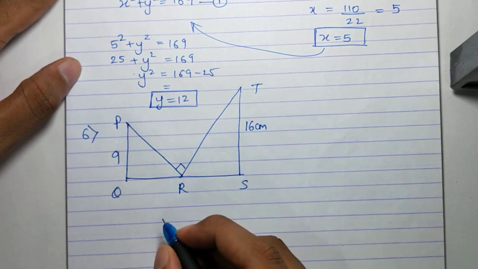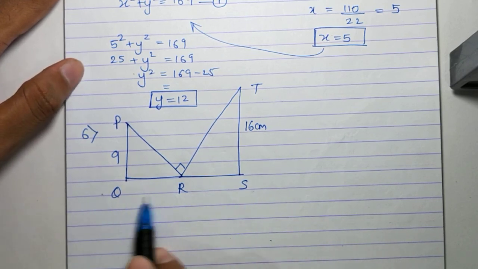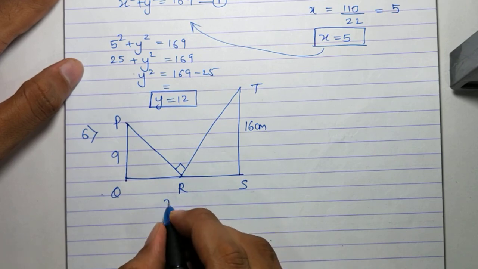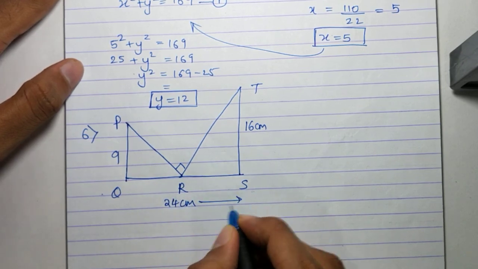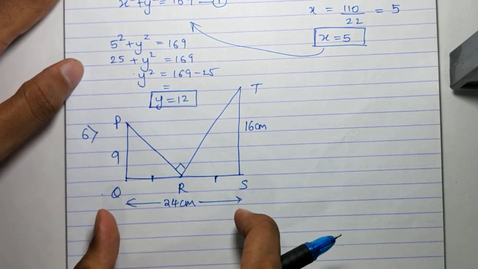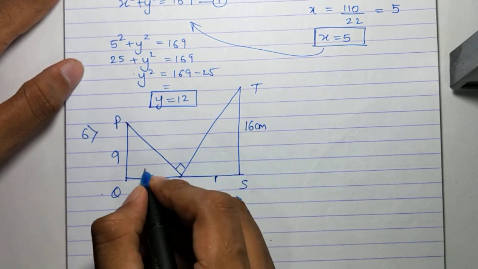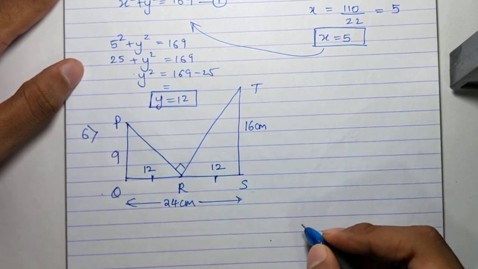In the question it is given that TS is 16, PQ is 9, QS, this QS is 24 full, and QR and RS are equal. अगर ये पूरा 24 है and these two are equal, that means ये 12 है और ये भी 12 है, correct?